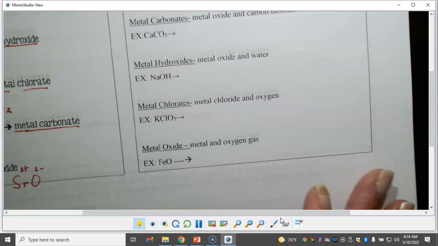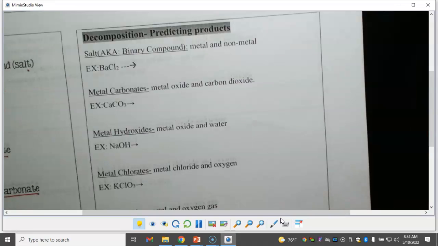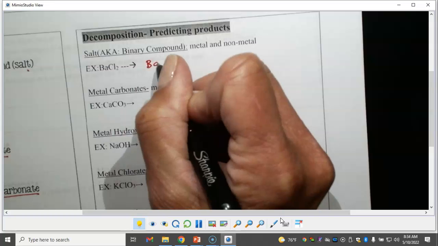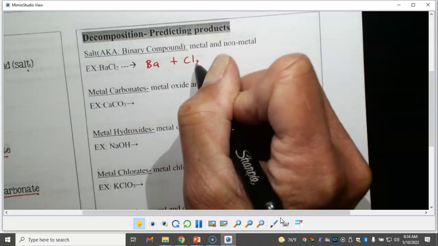Okay, so decomposition reaction. In a decomposition reaction, if you have a metal and a non-metal, a binary compound, the only thing that can happen is the two can break apart. That's it. There's no other option. So I'm going to put barium plus chlorine.